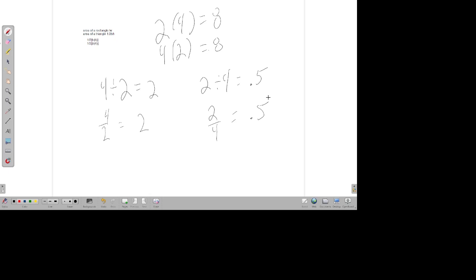So, not reversible. Multiplication, reversible. No problem. Division, not reversible. Not at all.